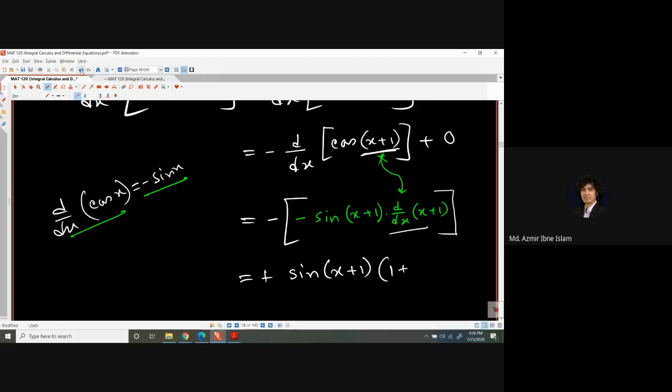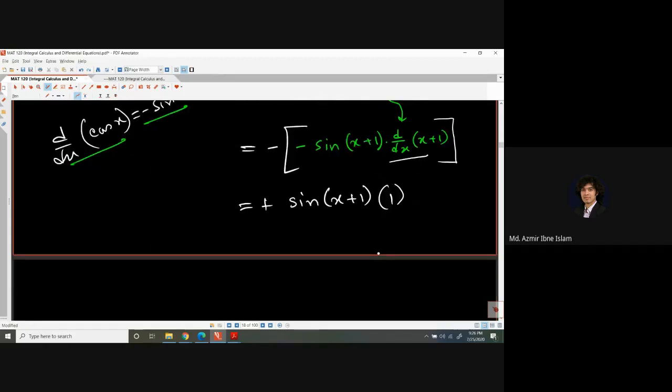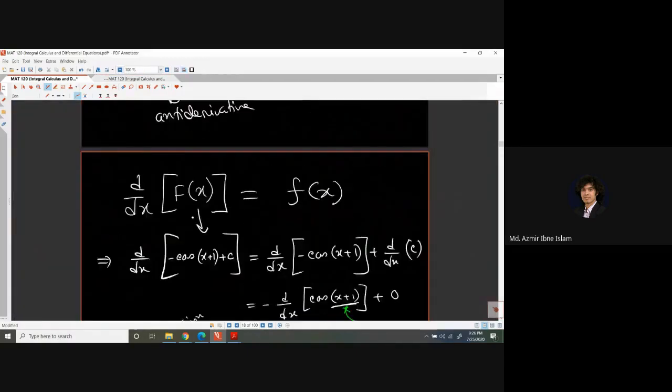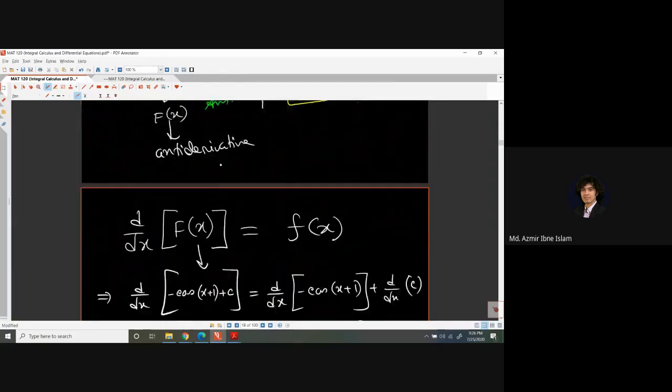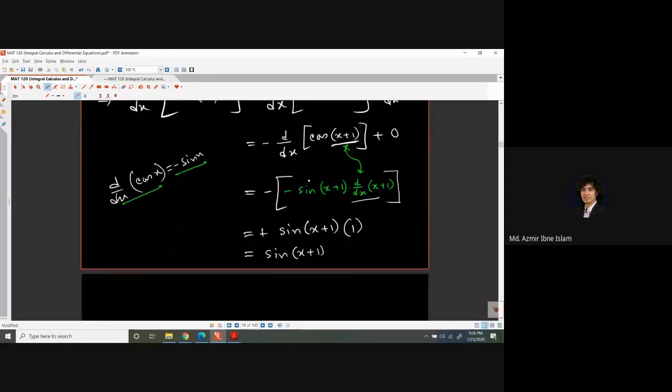So finally we are getting sine of x plus 1. Now let's verify: sine of x plus 1 is actually small f of x. So that means we are able to prove that it is equal to small f of x.